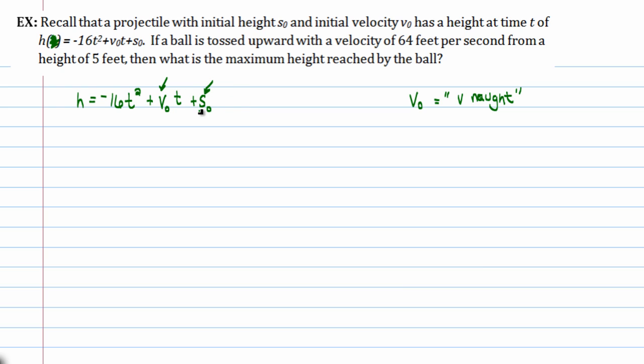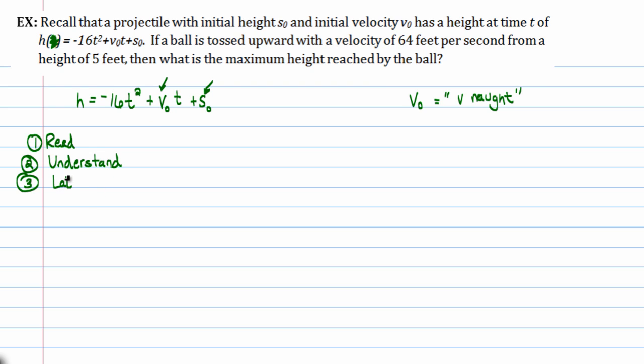Okay, so we've read the problem. I'm just going to go through the problem solving process here. I understand the situation. Somebody's tossing a ball up in the air, and we want to know when it's at its maximized height. Normally we would label unknowns, but they've already labeled all of our unknowns.